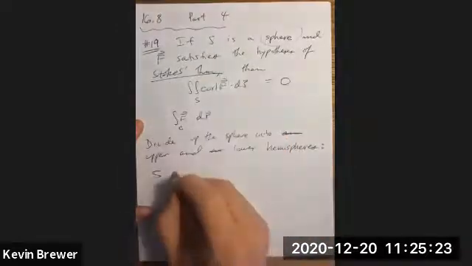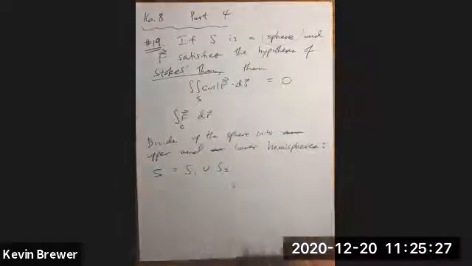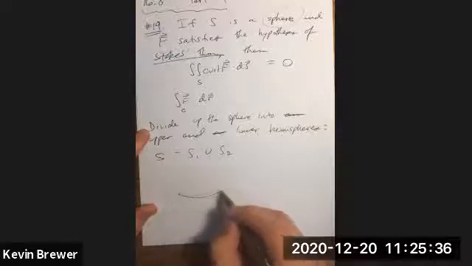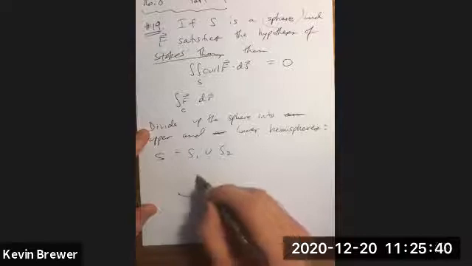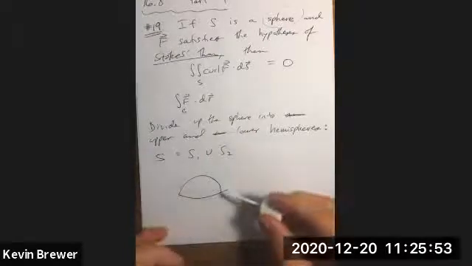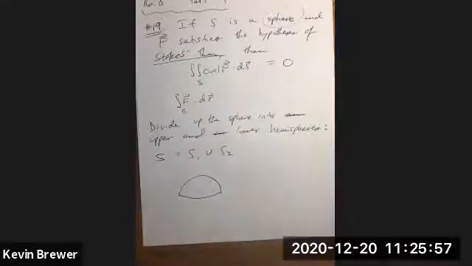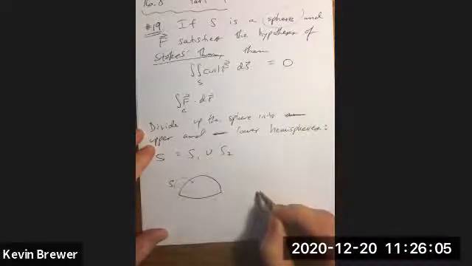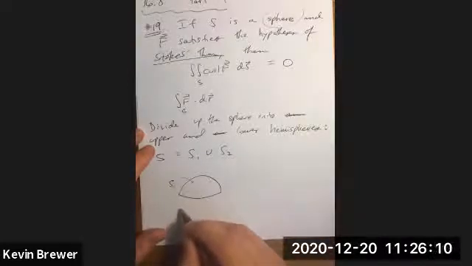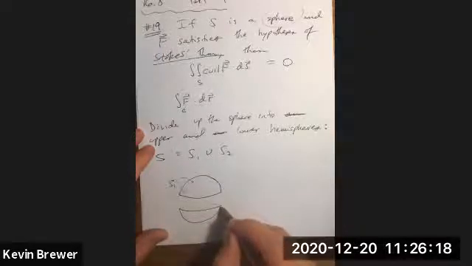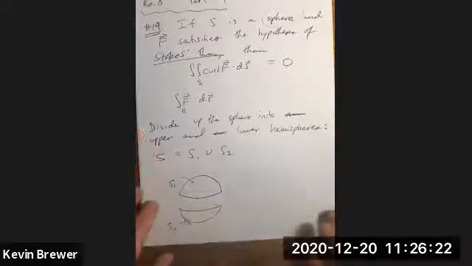So in other words, S, the sphere, will be S1 union S2, where S1 is the upper hemisphere, and S2 is the lower hemisphere.